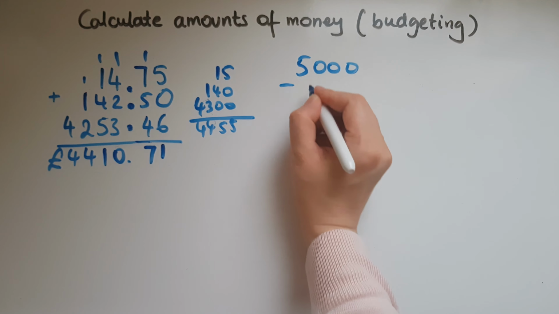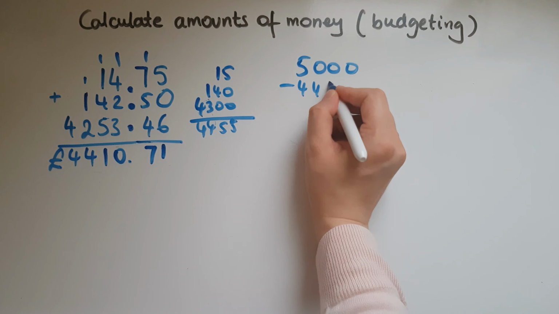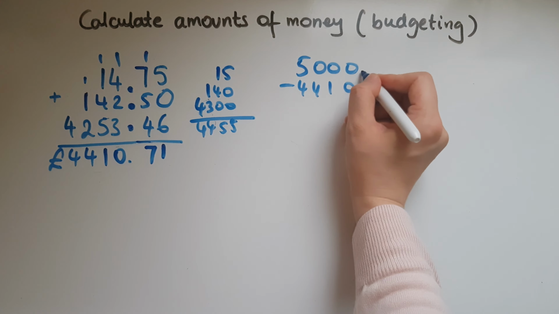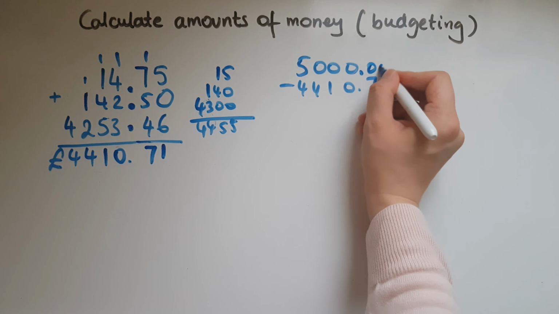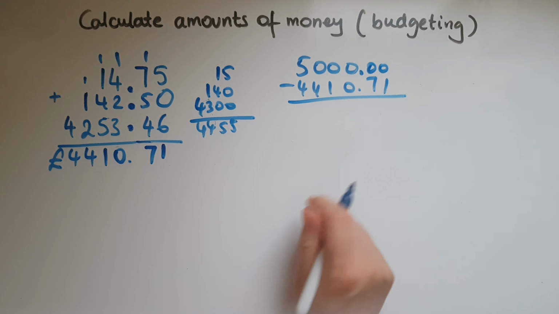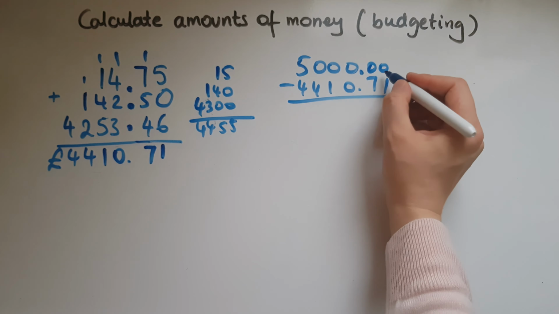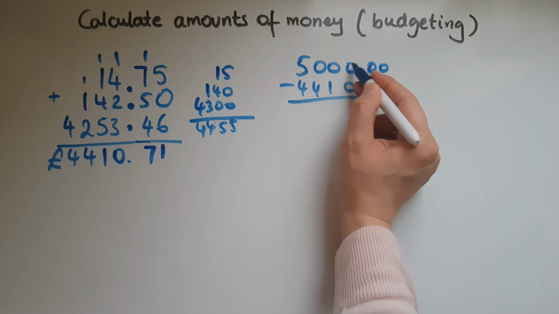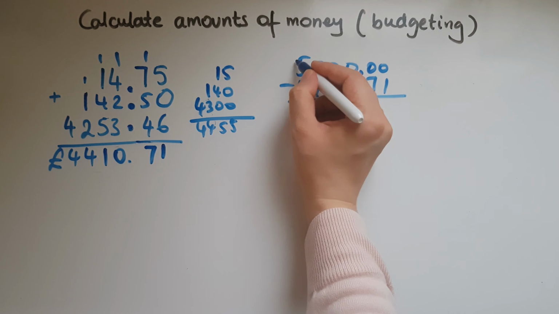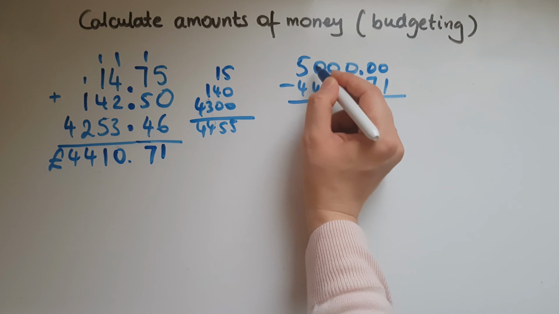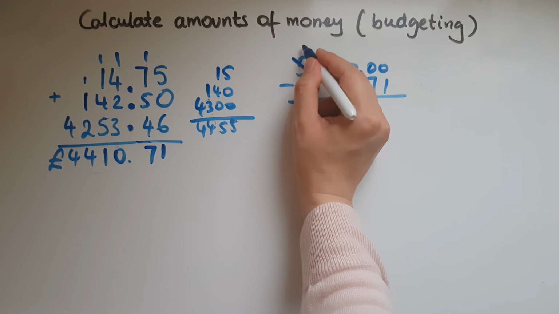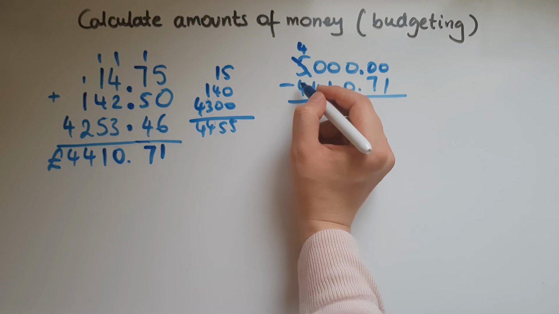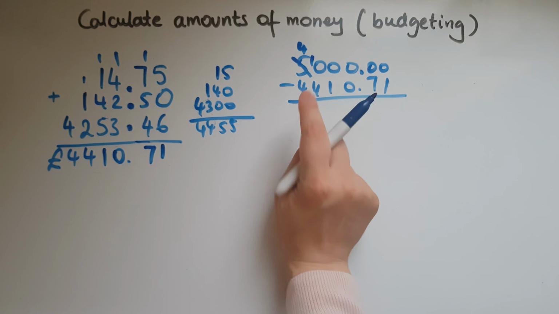5,000 take away £4,410.71. I haven't got any pennies for the £5,000, so I'll add these two zeros because they make no difference. I'm going to try and take away one from the zero, but it's going to give me a negative number, so I'm going to borrow. I can't do it from these ones, but I can do it with the 5. So 5 will become a 4 and this becomes a 10.